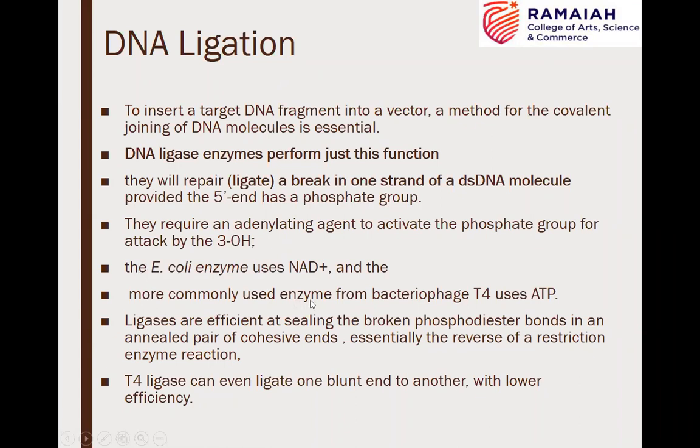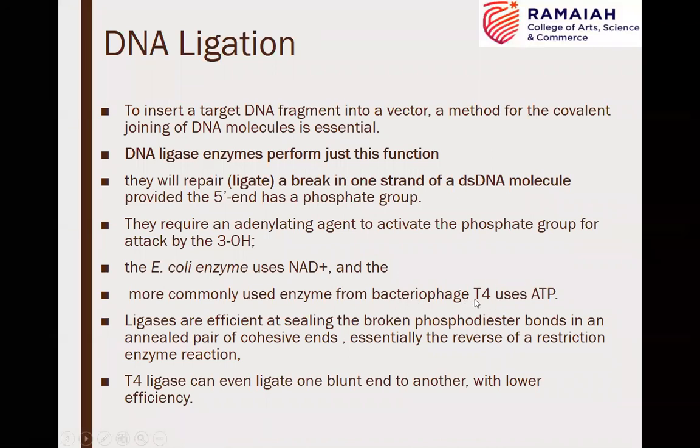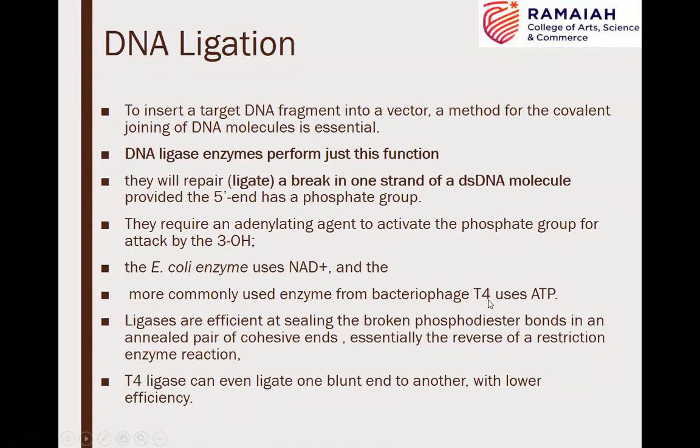And we also have one more enzyme which is most commonly used, that is DNA ligase derived from bacteriophage T4. That's why it is called T4 DNA ligase. The difference between this E. coli DNA ligase and T4 DNA ligase is that T4 DNA ligase uses ATP as the adenylating agent, which is required for the activity of this DNA ligase.